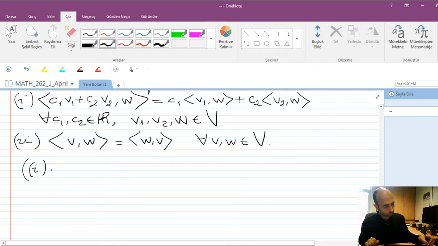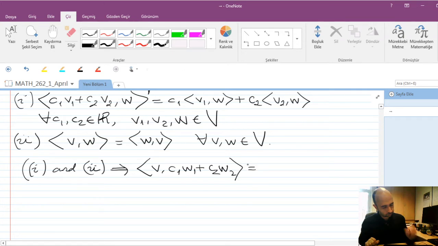So 1 and 2 imply that you can separate again linearly: (V, C1 W1 plus C2 W2) equals C1 (V, W1) plus C2 (V, W2), again for all C1, C2 in real numbers, and the others are vectors. Let me not write that.